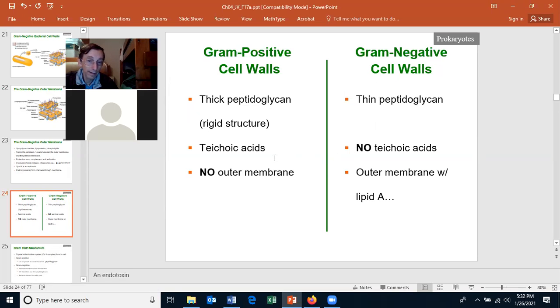The gram-positive cells have teichoic acid. The gram-negative cells have no teichoic acid. The gram-positive cell has no outer membrane on the cell wall, and the gram-negative cell has an outer membrane on the cell wall, and it does contain lipid A in that outer membrane. Any questions about any of that?